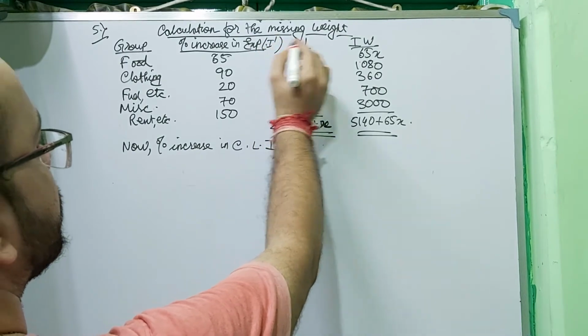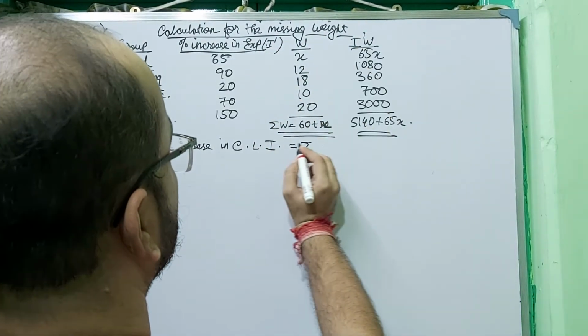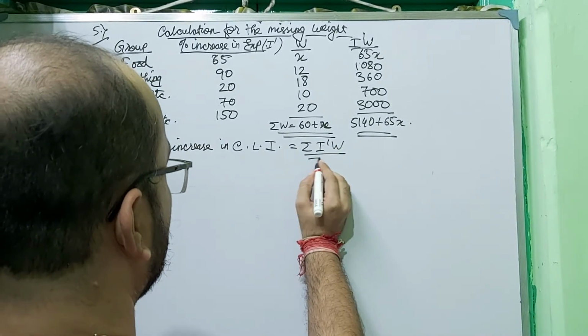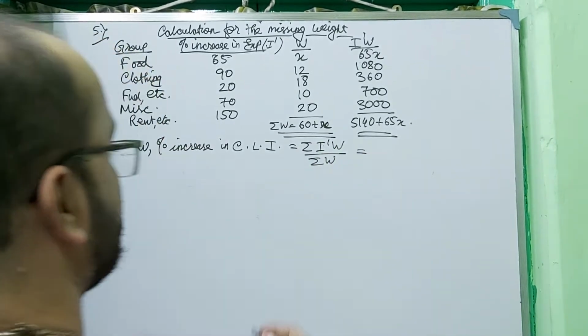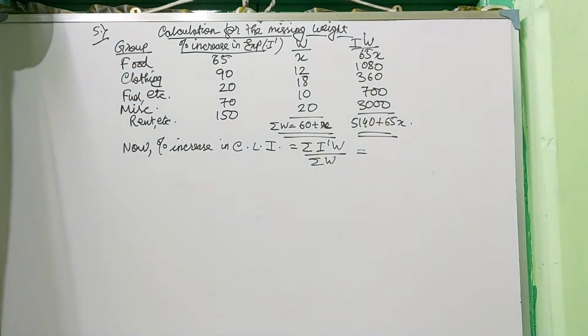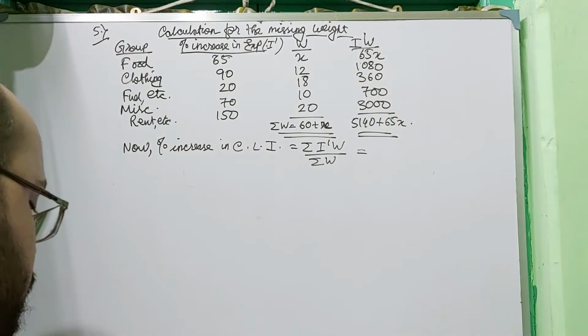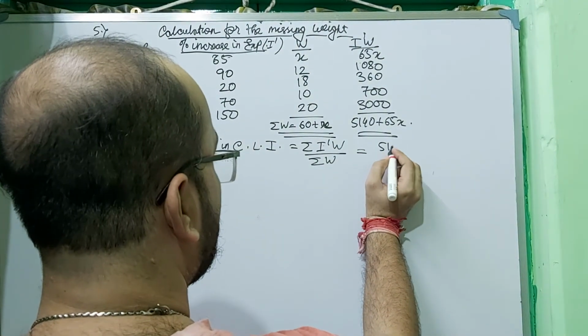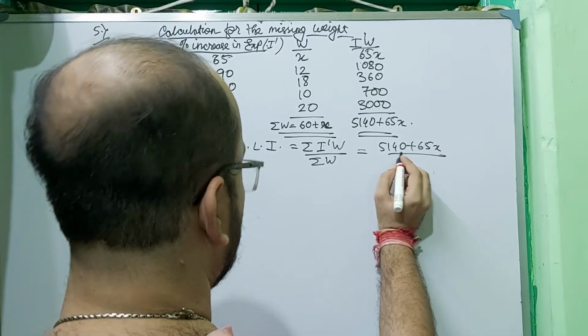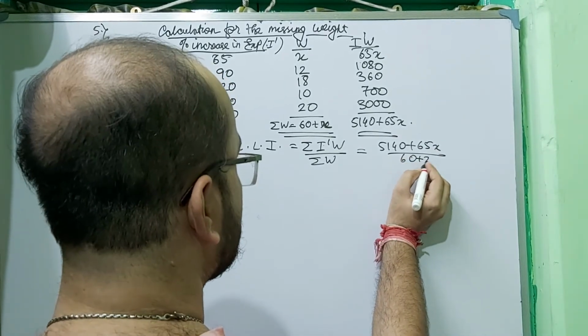So it will be summation of I dash W by summation of W, which is 5140 plus 65X by 60 plus X.